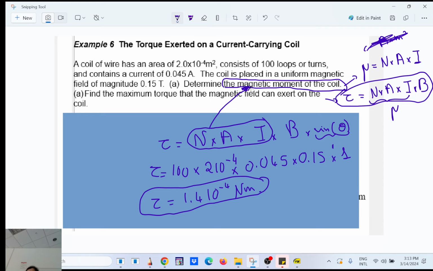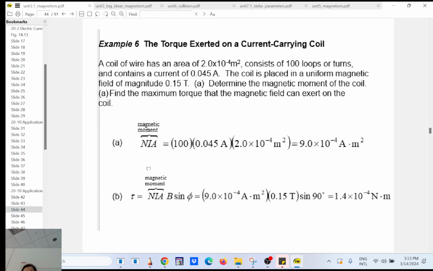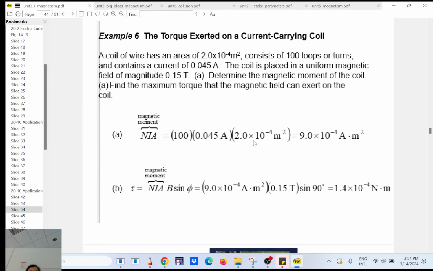Not in this class. So any question? Is that clear? Now this slide comes again from Johnson and Cutnell, the book that I do recommend. You see that's called the magnetic moment. We don't have to worry about that. That will be the torque.